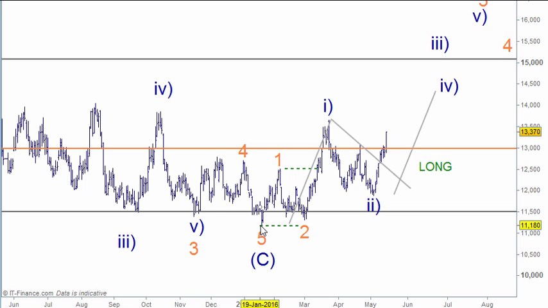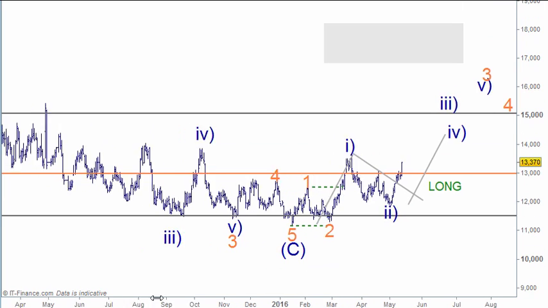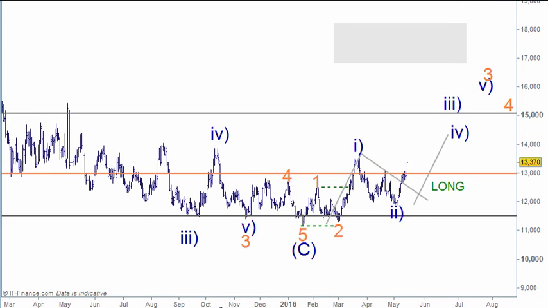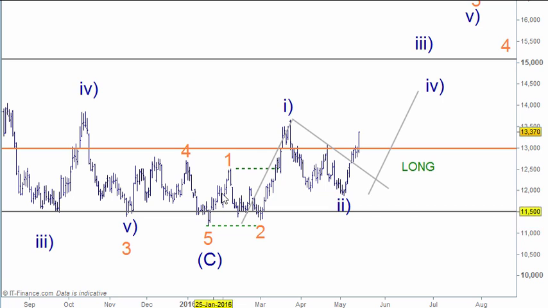Realistically we've got this move here, this move back, and this move here. So it could be counted as an A wave here, a B wave here, and a C wave here, and then failing from that point. That's possible, but I've labeled it as wave 1 here and wave 2 here, then wave 1 and wave 2, based on this market landing here and what's going on in other markets.